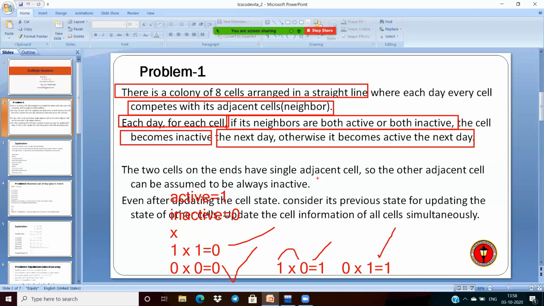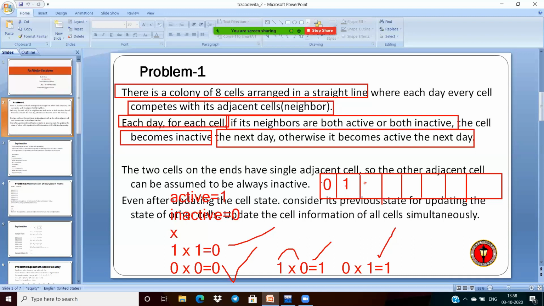Now the cells are nothing but this. If you take 8 cells, 1 2 3 4 5 6 7 8, all cells are filled with states. I am filling here first 0, and the next one is 1.